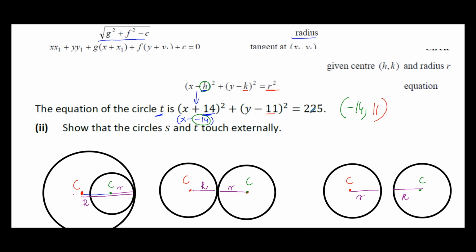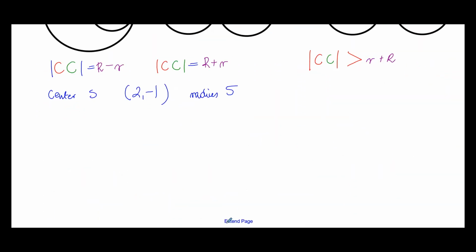And then the radius to the power of 2 is 225. That means the radius will be what? Square root of 225, and when we put that in the calculator, we get 15. So here, let's write that out. The second center, T, is minus 14 and 11. And then the radius is 15.